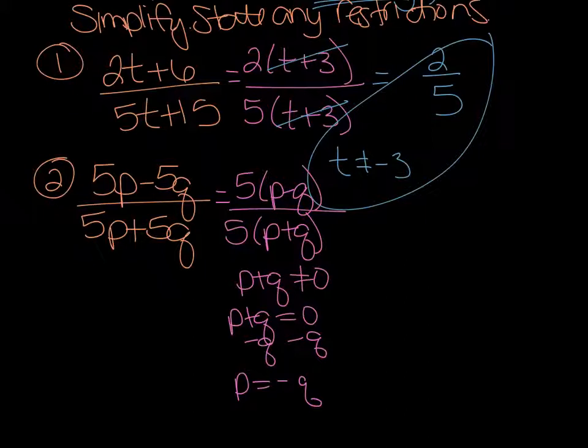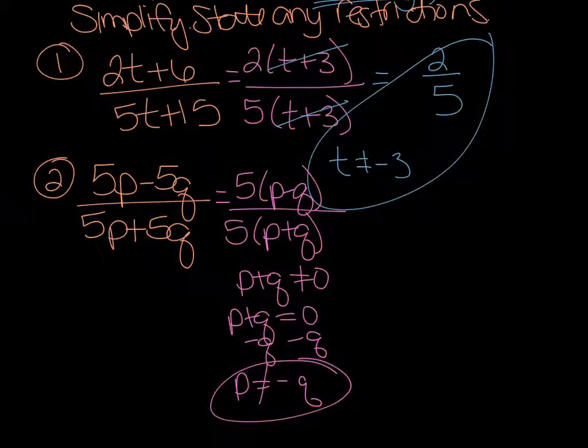So what this tells me is that when my denominator is 0, my variables are the opposite of each other. So your restriction would be p cannot equal negative q, or p cannot equal the opposite of q. Because anytime they're opposites, that denominator would be 0. Okay, does that part make sense?